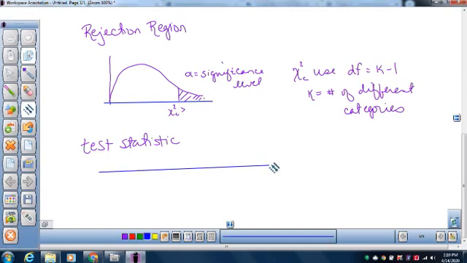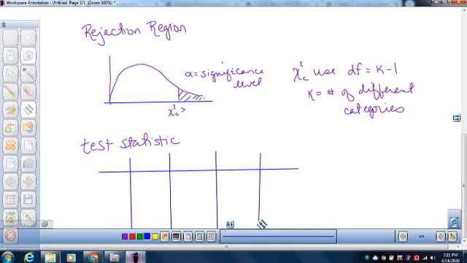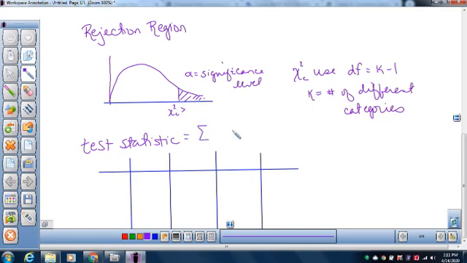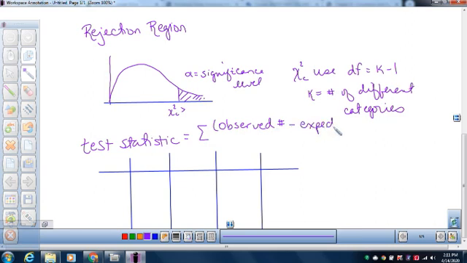So you can create a chart, because the test statistic formula is to take the sum of all the observed values, so that's what actually happened, the observed number, not percentage, but the observed number, minus the expected number, squared, divided by the number of expected.